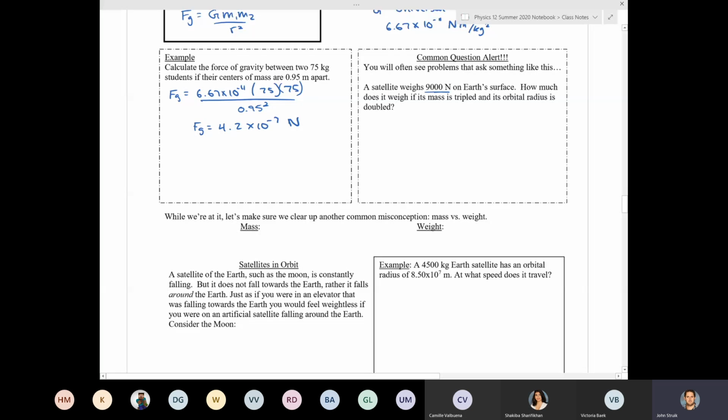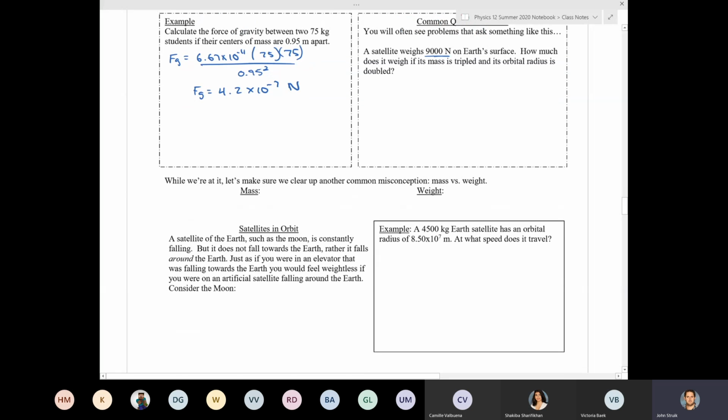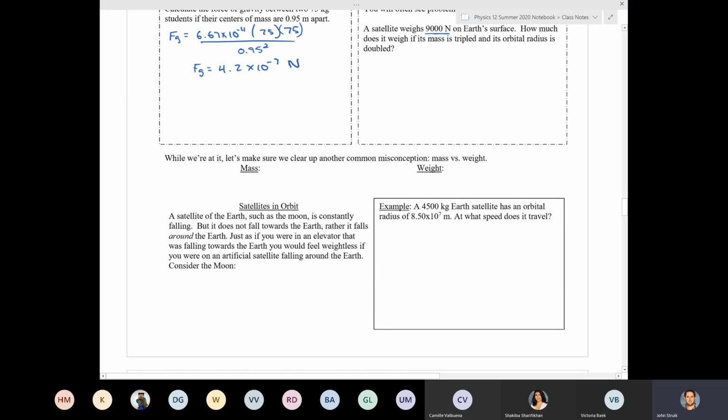Before we even start this, let's again clarify the difference between mass and weight. Every time somebody says, "Hey, how much do you weigh?" you always give them pounds. But that's technically wrong. Mass is kilograms. It's how much stuff you're made of, and weight is newtons.